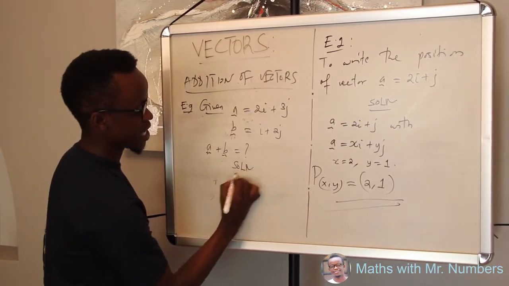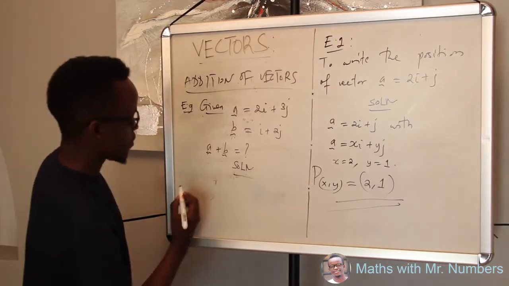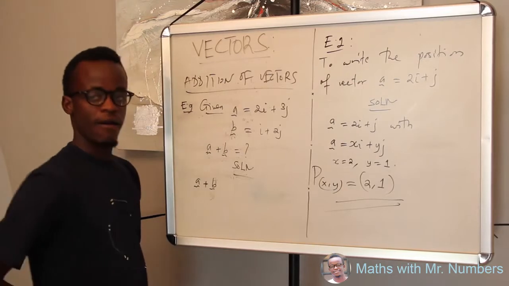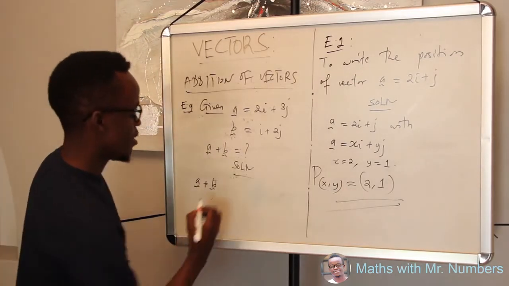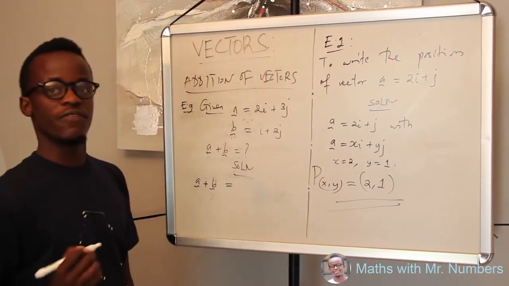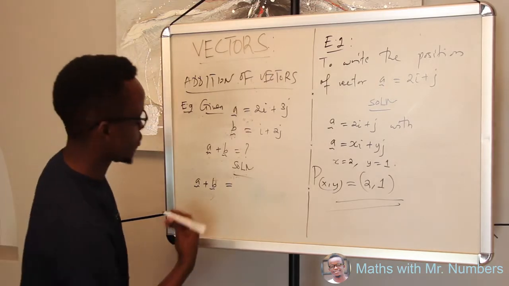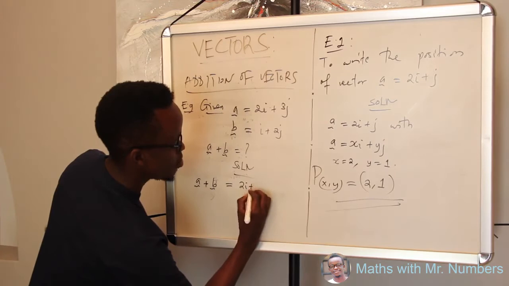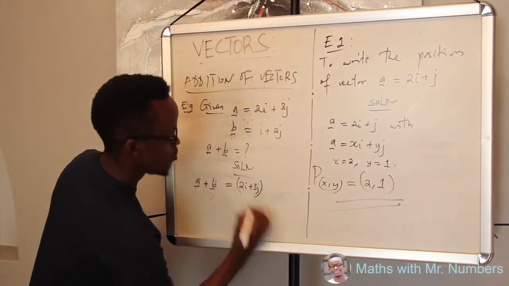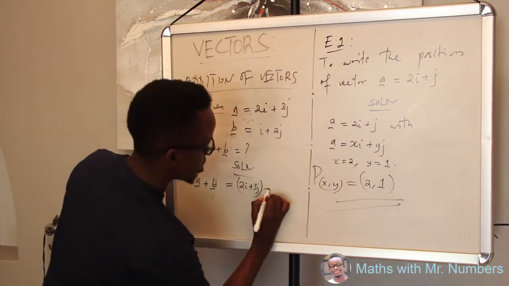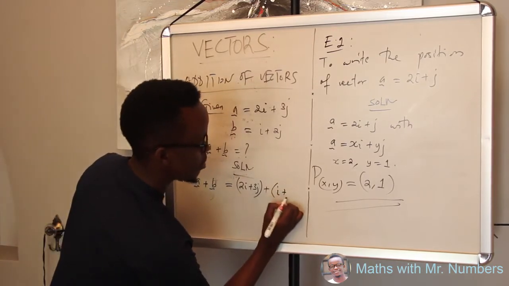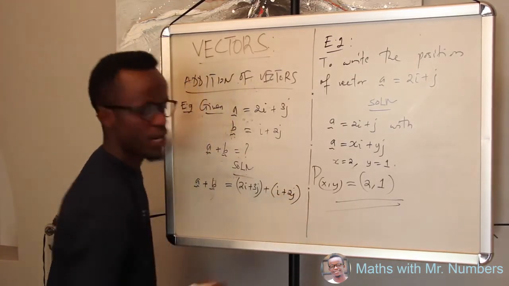Therefore, the solution of this kind of question is, you have to write vector A plus vector B, then you substitute the value of the vectors with brackets. We write the value of vector A as 2i plus 3j, you put a bracket, plus vector B, which is i plus 2j, again you put a bracket.